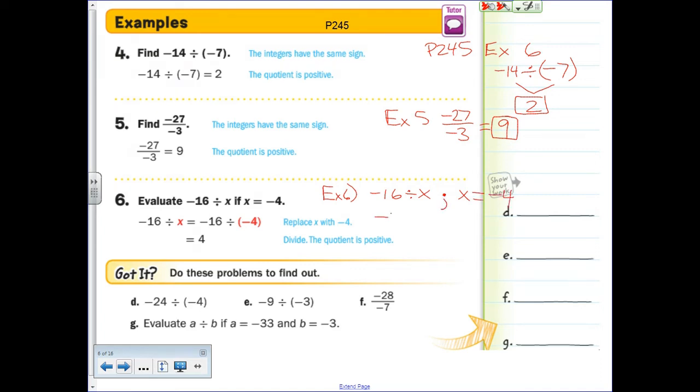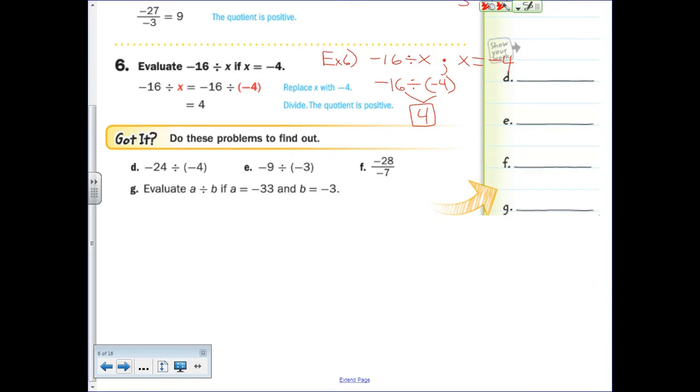So I'm going to take negative 16 and divide it by negative 4. They're both negative, so my answer is going to end up positive. So I ended up with a positive 4. So why don't you try D, E, F, and G?